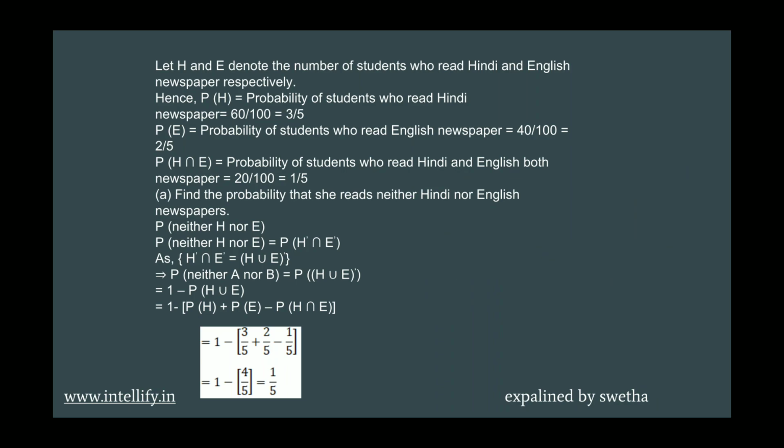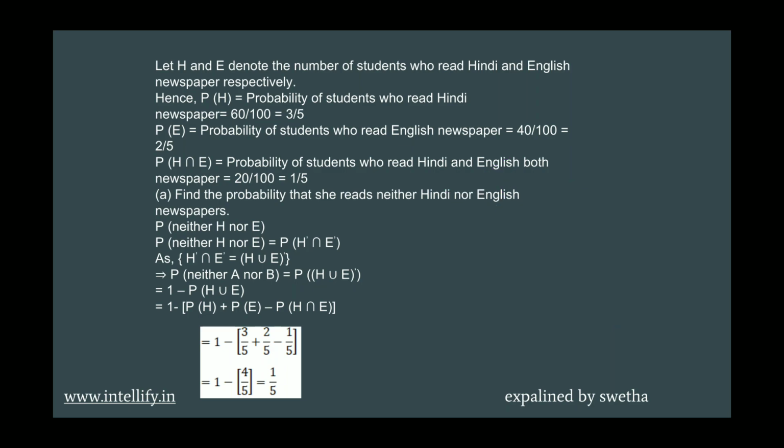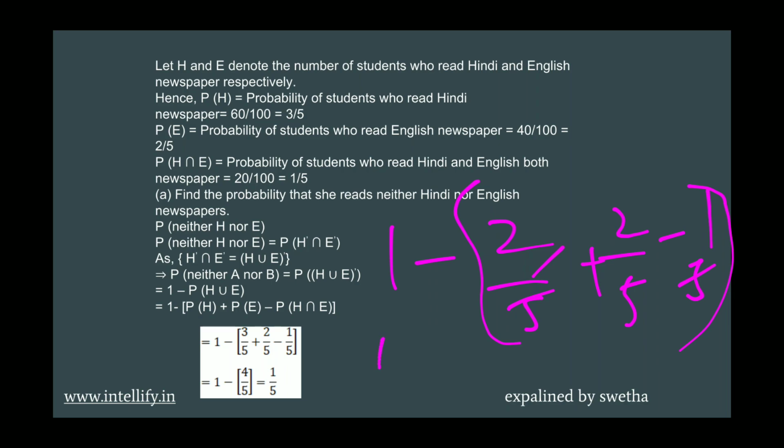So this can be written as probability of H union E whole dash, which can be written as 1 minus probability of H union E. That is equals to 1 minus, probability of H plus probability of E minus probability of H intersection E. So let us substitute the values. We get 1 minus, 3 by 5 plus 2 by 5 minus 1 by 5. So we got 1 minus 4 by 5, that is equals to 1 by 5.